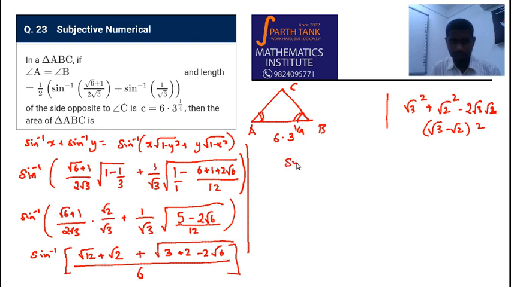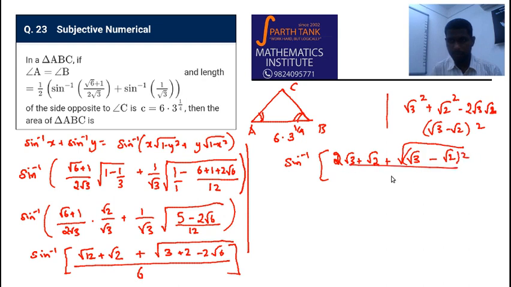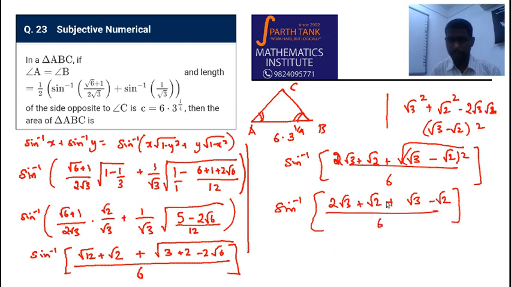So sine inverse of root 12, again 2 root 3, plus root 2 plus root 3 minus root 2, the whole square root of which can be written as root 3 minus root 2, by 6. So this becomes 2 root 3 plus root 2 plus root 3 minus root 2 by 6. We ignore the negative part.